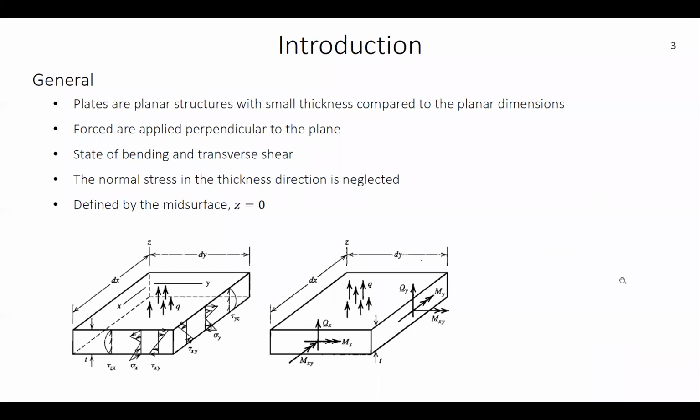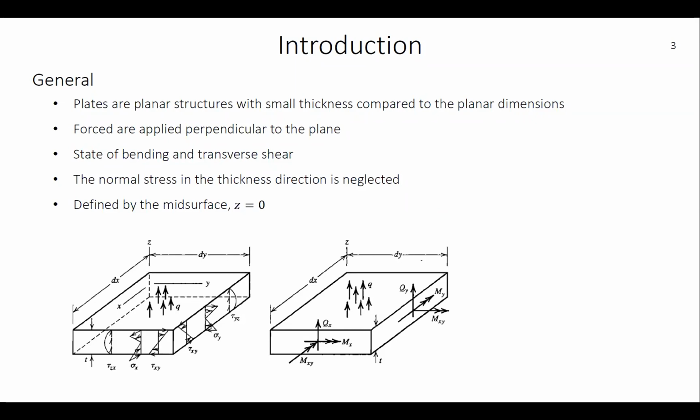Sorry about that. So, introduction. Generally, plate elements are planar structures with a relatively small thickness compared to the planar dimensions, and all the forces are applied perpendicular to the plane, as illustrated in the figure here.